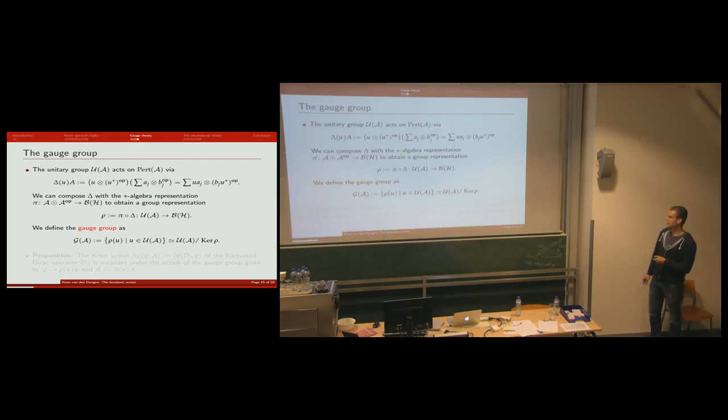But we can also realize that this perturbation semigroup lies inside the tensor product of A tensor A op. So we can compose it with the representation of this algebra. And then this gives us an action of the unitary group on the Klein space. And we simply define the gauge group to be the image of this representation. Because this representation might have a non-trivial kernel, this gets quotiented out from the unitaries.